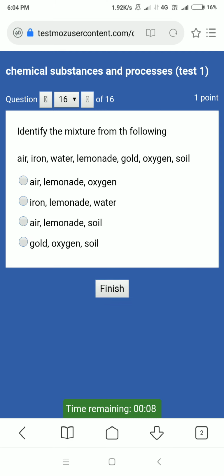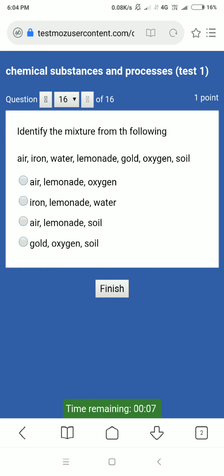Identify the mixture from the following. You have to identify the mixture. Air is a mixture of a number of gases. Iron is a pure substance, it is an element. Water, it is a compound but it is again a pure substance. Lemonade, again it is made up by mixing a number of substances.